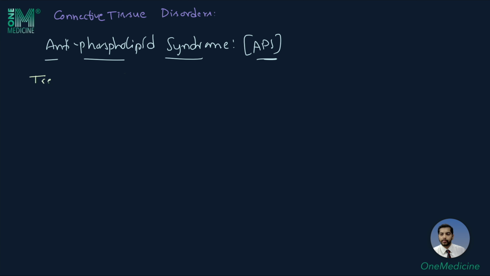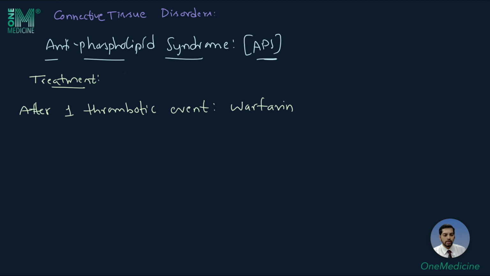In the treatment of antiphospholipid syndrome, after the first thrombotic event and once the diagnosis of APS is confirmed, warfarin is initiated with a target international normalized ratio or INR of 2.5 to 3.5.